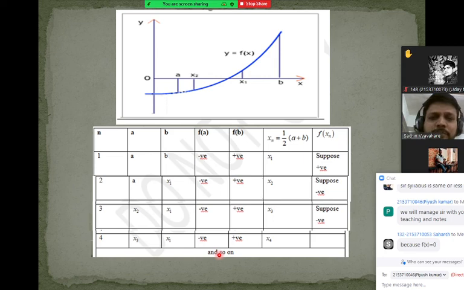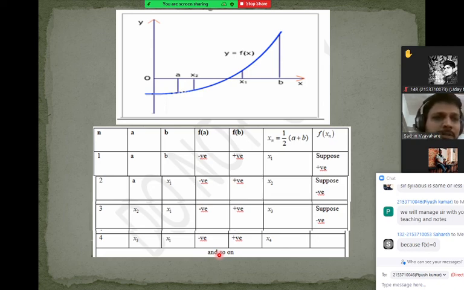If it is the bisection method, you should do a minimum of 6 to 7 iterations, because bisection is a very simple method. It just considers the sign and you halve the interval each time. The drawback is that it takes more iterations.